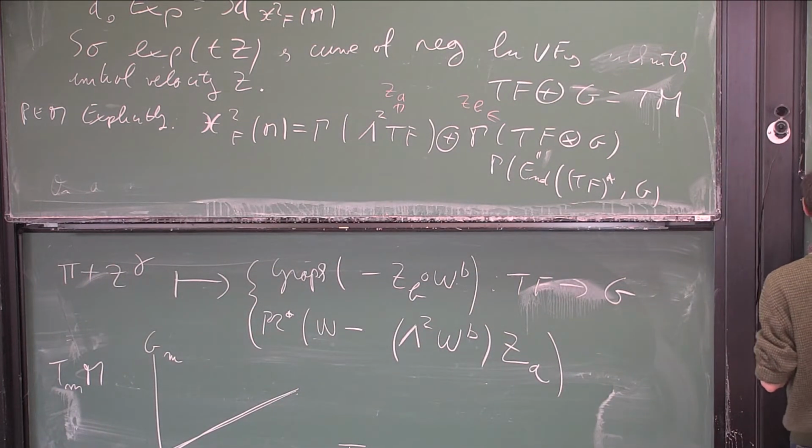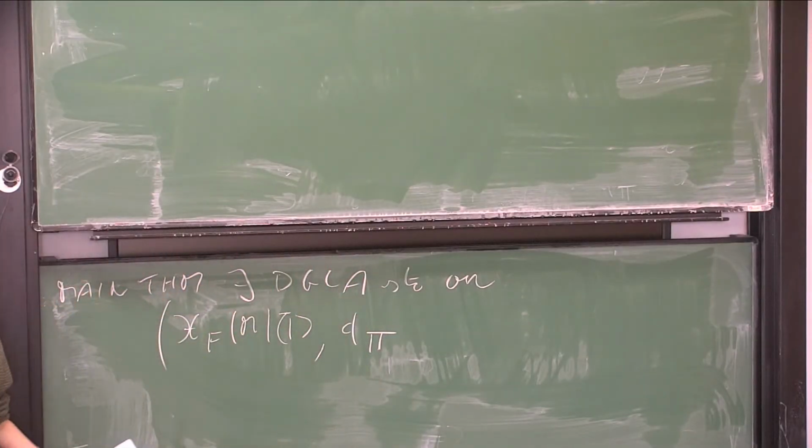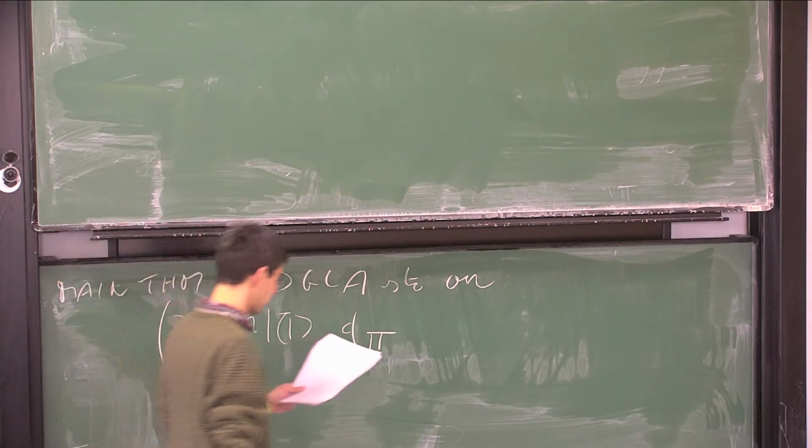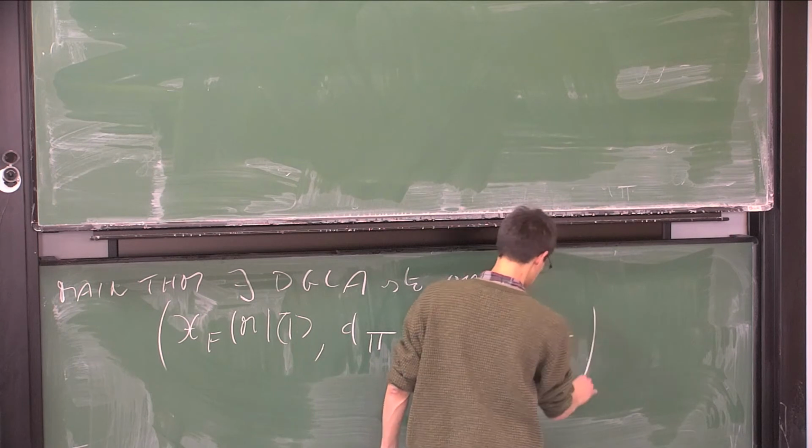Okay, so this is the main theorem. There exists a differential graded algebra structure on, in this case, good multivector fields, with the degree shift, never mind. The differential is the usual Poisson differential, bracketing with pi. And there is a strange bracket, which I will call bracket sub gamma.